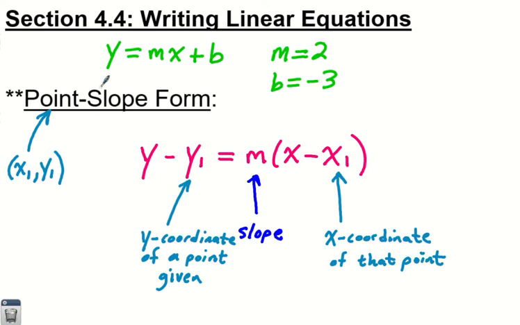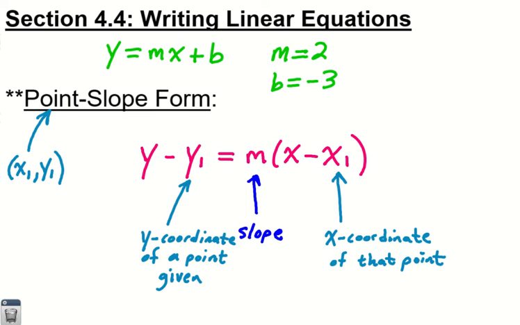You need to have an open-ended x variable and y variable to make your equation a linear equation at all. So just down here, you're not going to plug in anything for the regular x variable and the regular y variable. You take the coordinates of some point and you plug them in for x1 and y1. And of course, you plug in the slope for the m.